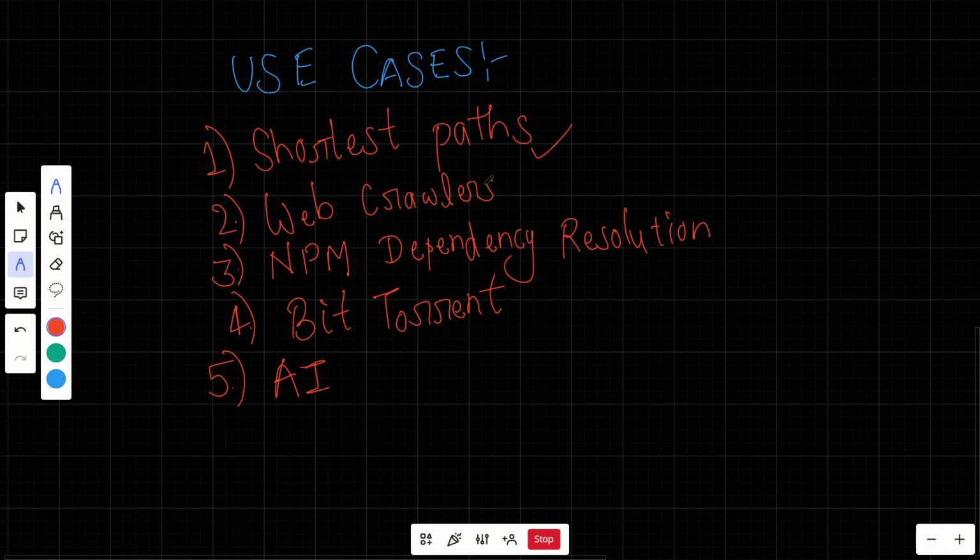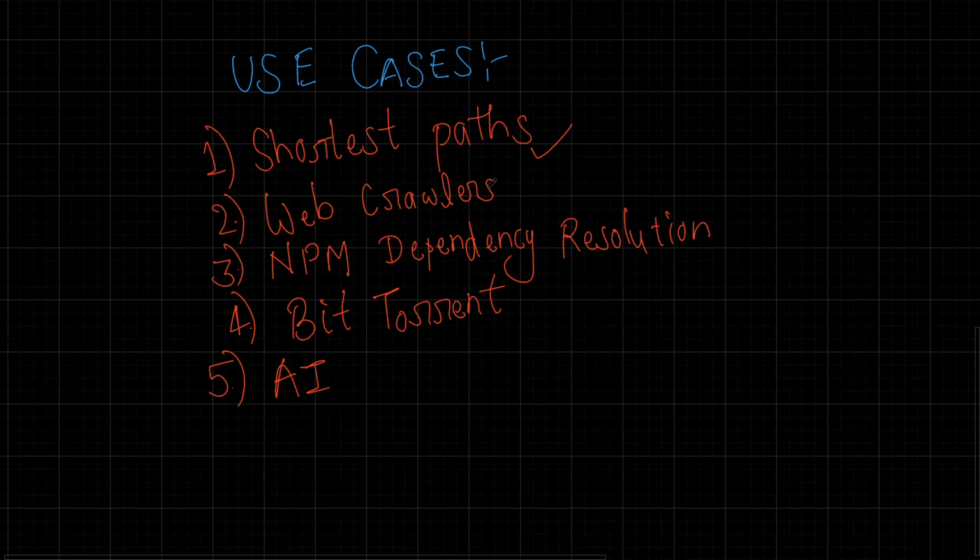Another use case is the web crawlers. Google uses BFS or DFS, we can say that also. The BFS algorithm basically links each web page to the others with the help of the neighbor nodes. So when we hit some query in the search box of Google, it gives us some results, and we see that a few pages are on the top, and then after this a few pages come.